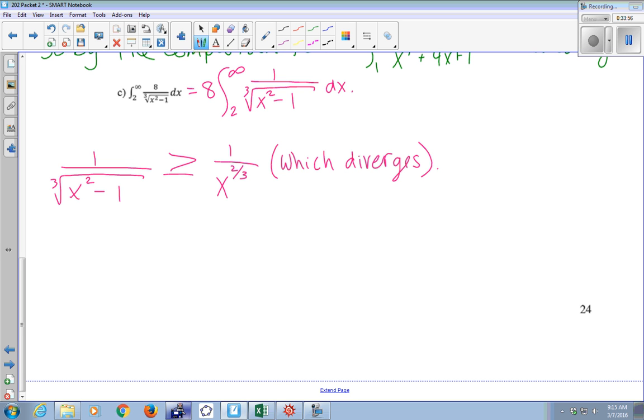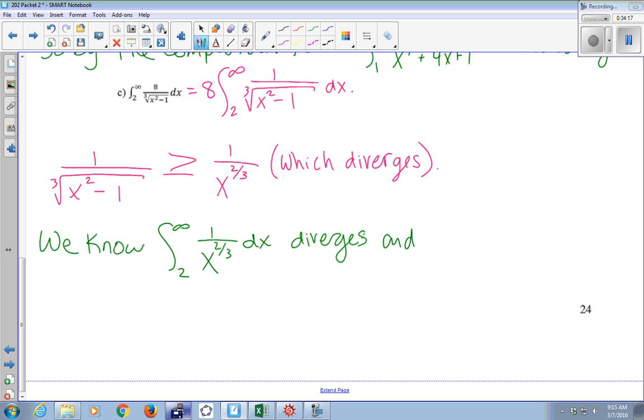So I write it all out with sentences. We know that the integral from 2 to infinity of 1 over x to the 2/3 dx diverges. It's one of the 3 integrals that we can compare to. We know it diverges. And we also know that 1 over the cube root of x squared minus 1 is always bigger than or equal to 1 over x to the 2/3.